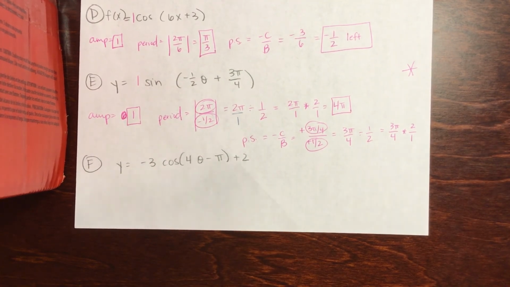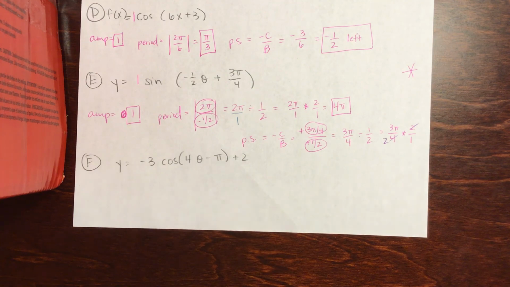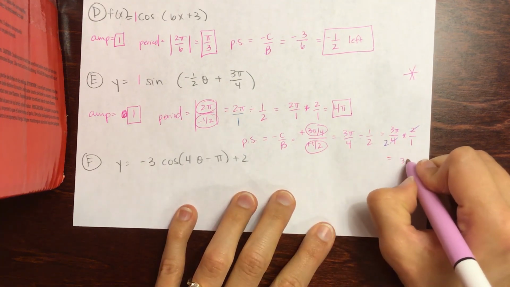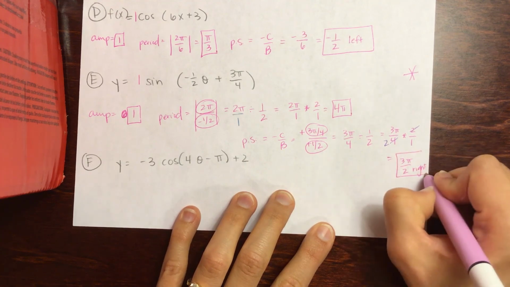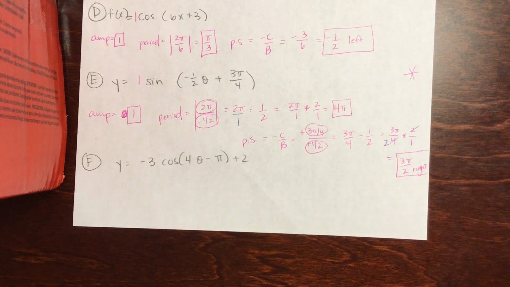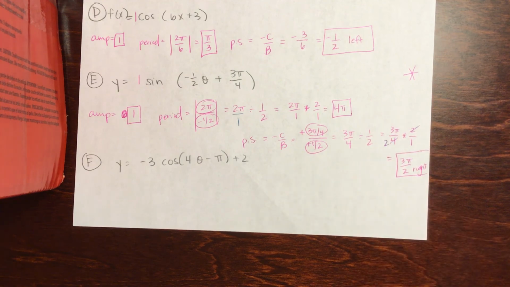I'm going to simplify that 2 and 4. And then this will be 3 pi over 2, which means I moved it to the right 3 pi over 2. You could have multiplied and made it 6 pi over 4 and then simplified to 3 pi over 2. You'll just have to work through fractions.